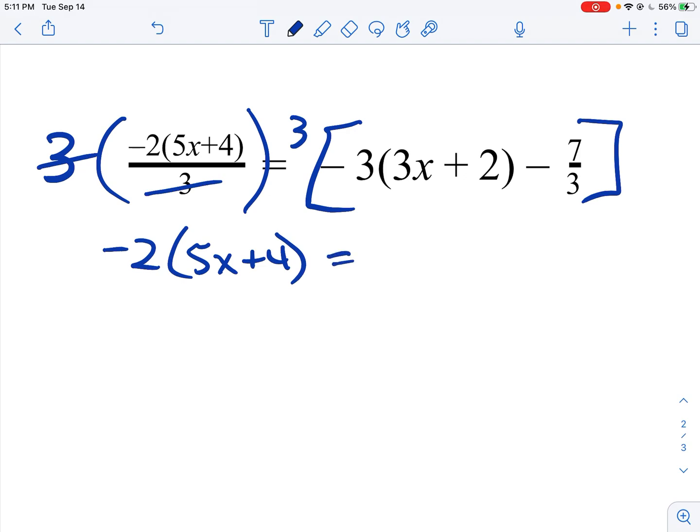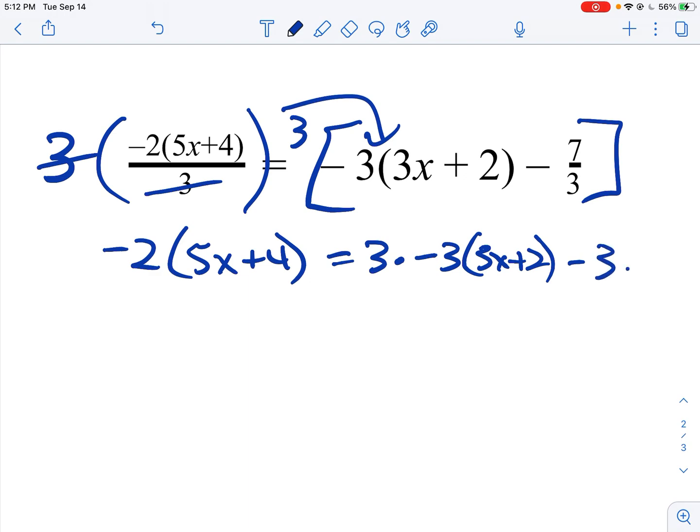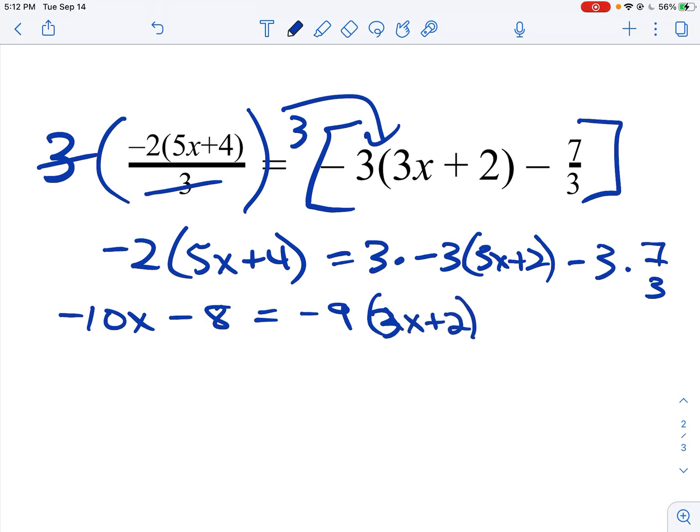Here I get 3 times negative 3, 3x plus 2, minus 3 times 7/3. So negative 10x minus 8 equals negative 9 parentheses 3x plus 2. And these 3's cancel, so I get minus 7.